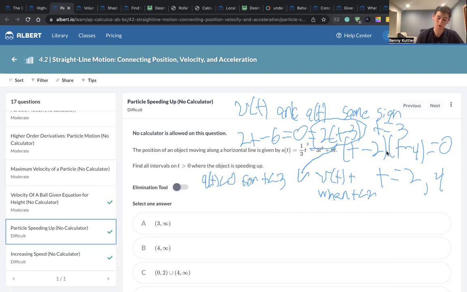Okay, so if it's positive when it's less than 2, 2 is less than 3. So every time the velocity is positive on this interval, the acceleration is going to be negative. So t is less than 2 is not going to work for our purposes, because we're looking for the times where the acceleration and the velocity have the same sign. So here it's positive and the acceleration is negative, so that doesn't work.